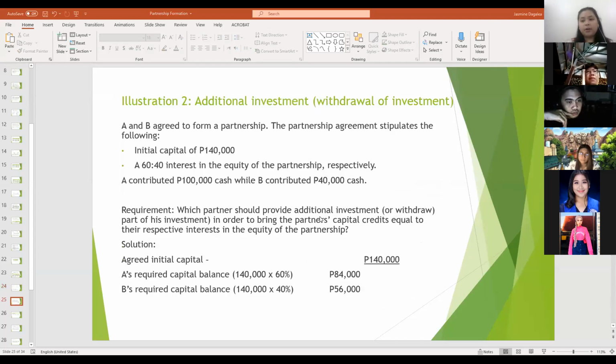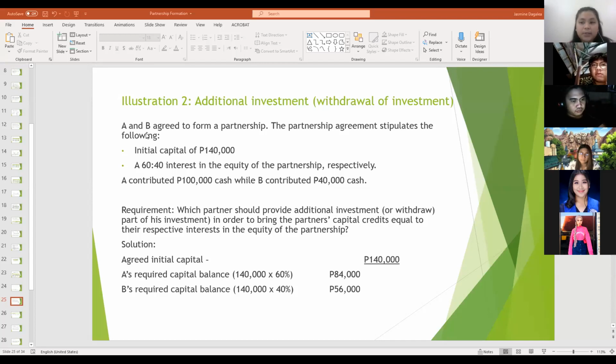So you also have the concept of additional investment or withdrawal of investment. Example, A and B agreed to form a partnership. The partnership agreement stipulates the following: initial capital of 140,000, a 60-40 interest in the equity of the partnership respectively.